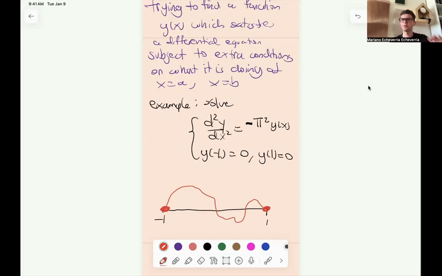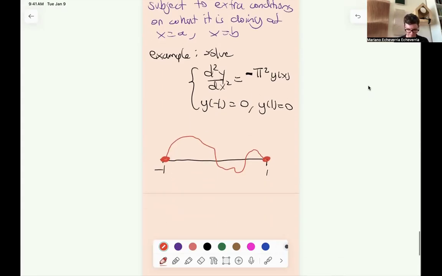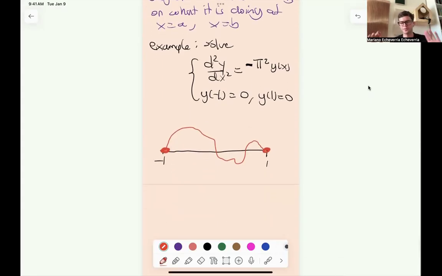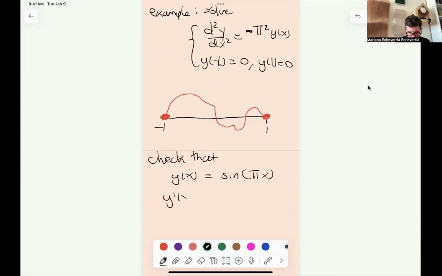And here, just by trial and error, of course that's not how you would do it, you can check what is a solution to this problem. Sine of pi x solves this problem. Why? Because if you take the first derivative with respect to x, you get pi cosine of pi x.